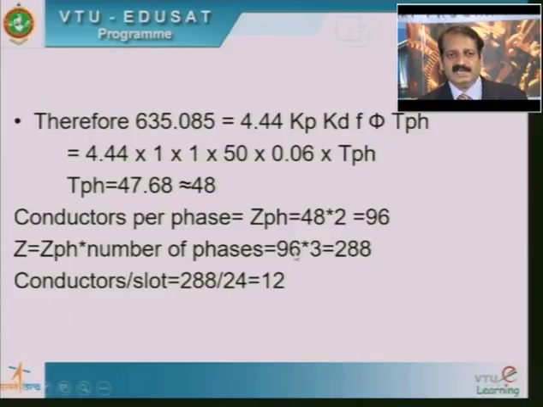So, we get 96 into 3, which is equal to 288. Now, conductors per slot. We have total conductors as 288 and we have 24 slots. So, each slot will have 12 conductors, and we have arrived at the solution we were asked for. Conductors per slot is equal to 12.